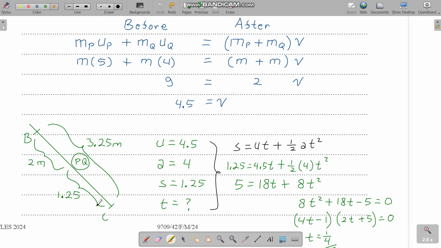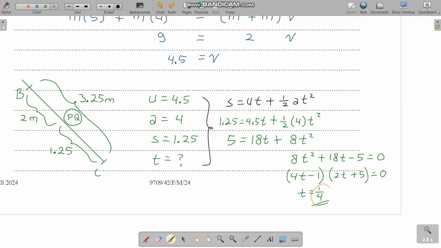We need to find the time it takes for the combined particle to reach C. The speed of the combined particle is 4.5, so that's u, and we have the acceleration during the rough slope, 4. We have the distance. We use this formula and we can find the time. So the time taken to reach C is 1/4 seconds. We cannot use negative time. Alright, I'll see you again next time.